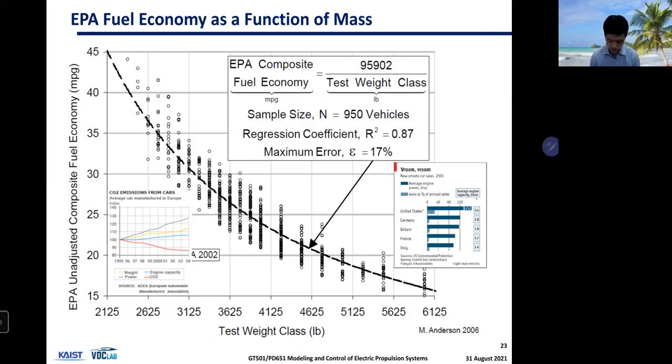And this is a real number, real vehicle fuel economy data. This is a bit old, but the relationship is still valid. So x-axis being weight and y-axis being fuel economy. And you can see that those two variables are inversely related.